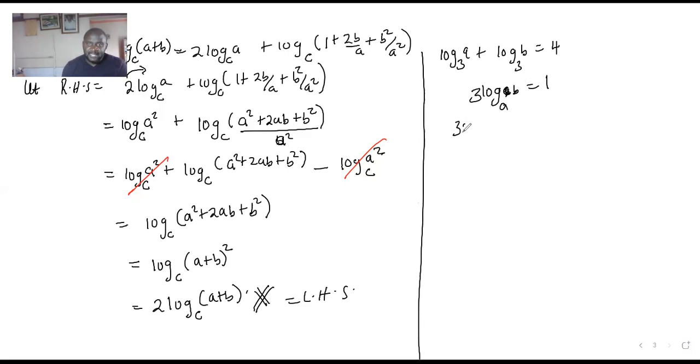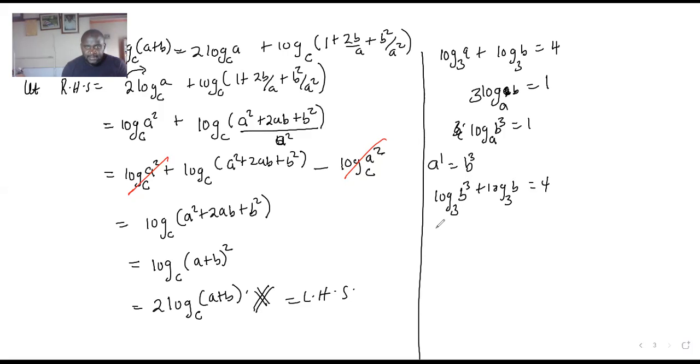So this is the same as saying log to base A of B cubed is 1. You realize that A power 1 is equal to B cubed. If yes, substitute up there, we shall have log to base 3 of B cubed plus log to base 3 of B is equal to 4.